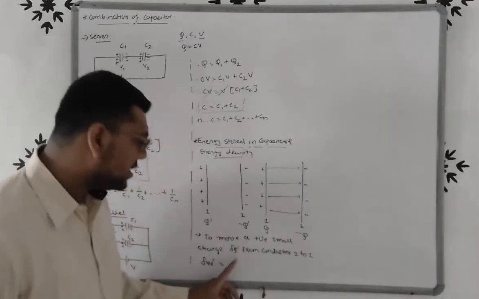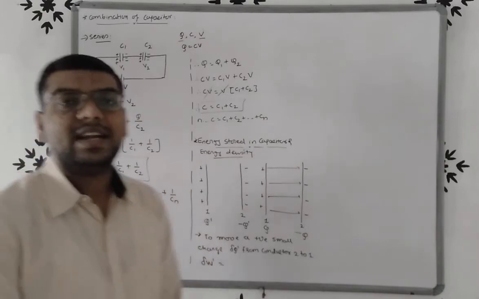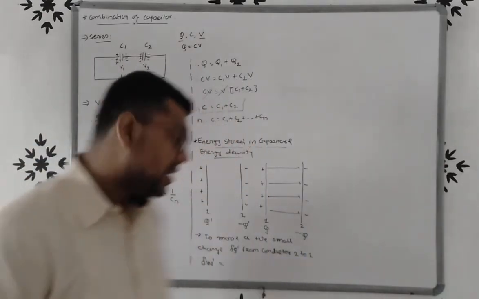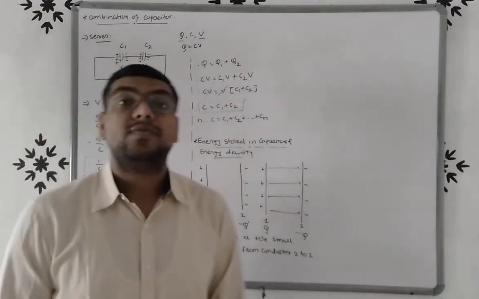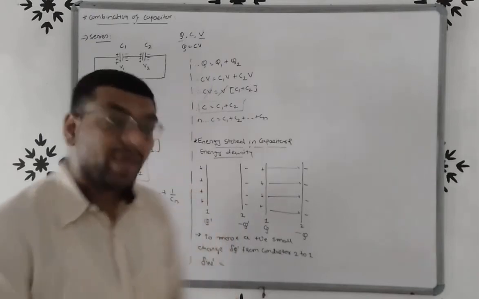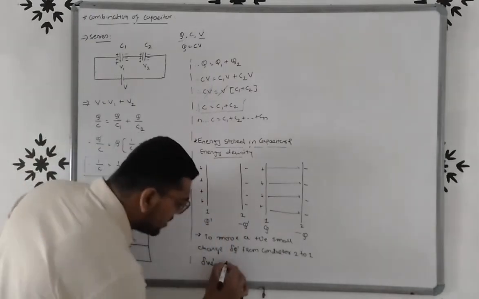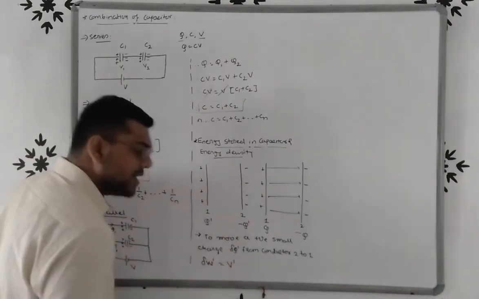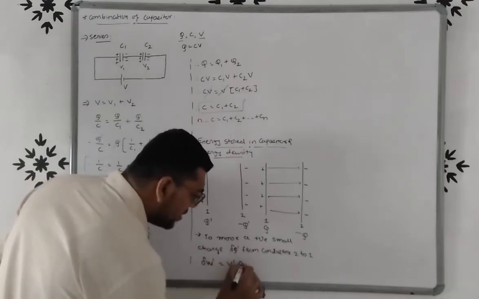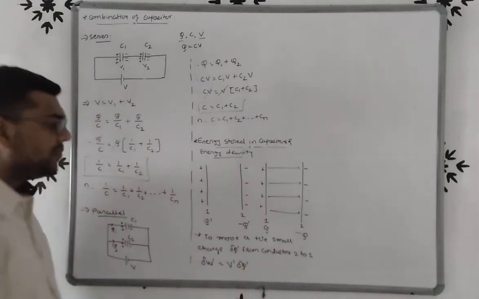How much? Because here we want to move a small charge del Q dash, so work done del W dash, and we know that work done W is equal to VQ. So here, potential V dash, and charge del Q dash, right?